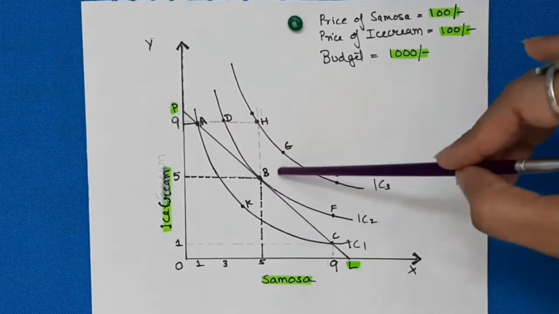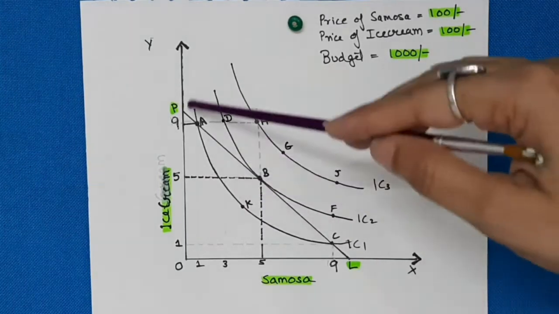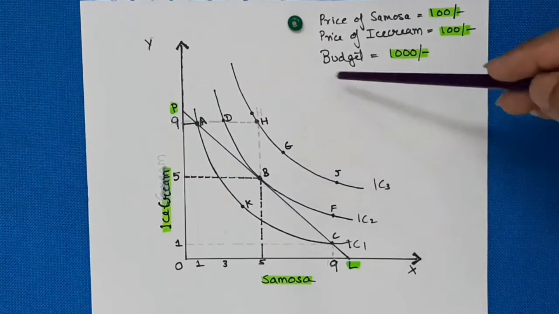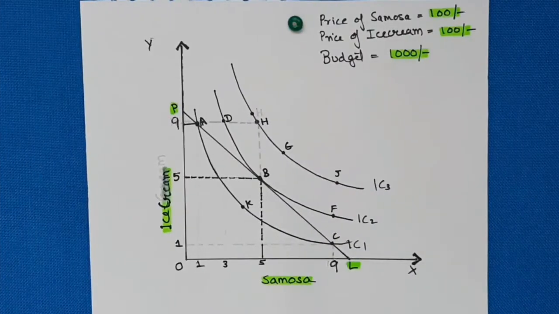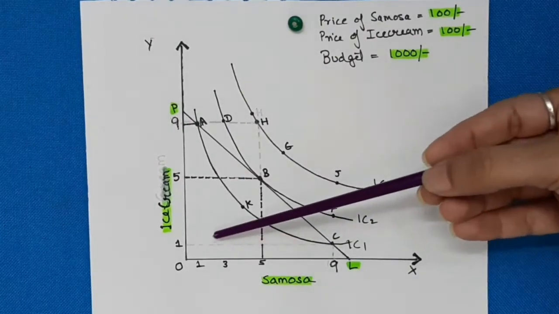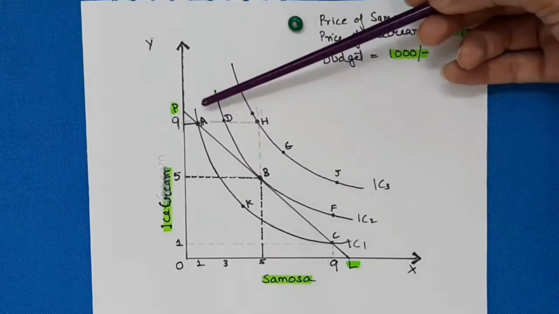So that is why we have parallel or non-intersecting indifference curves in an indifference map, and two indifference curves should not intersect each other. This is how we explain the unlimited wants part under indifference curve analysis.